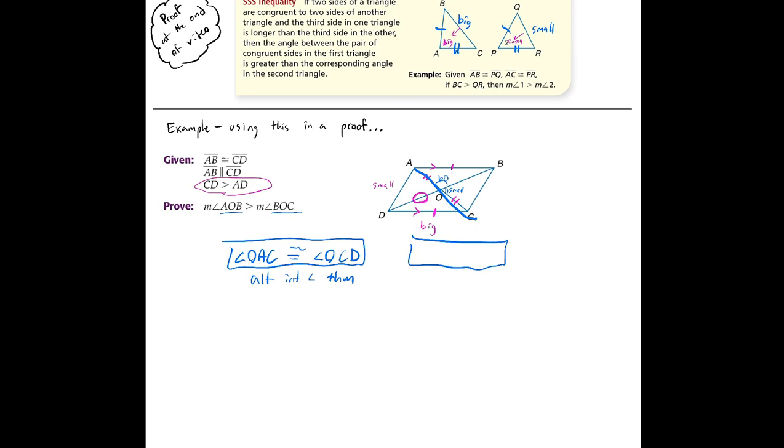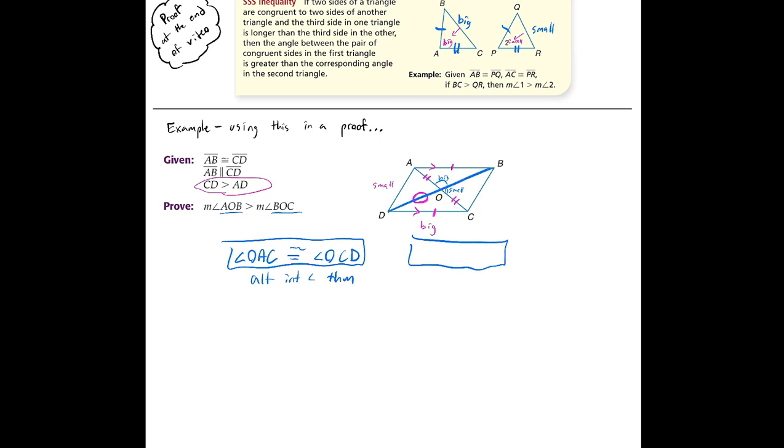Okay, so what do we have in the top triangle? Well, we have angle A. Let's do alternate interior angles. So let's do angle OAC is congruent to angle OCD. Okay, that's alternate interior angle theorem. And then we also have the other pair of alternate interior angles. So that was along this transversal.